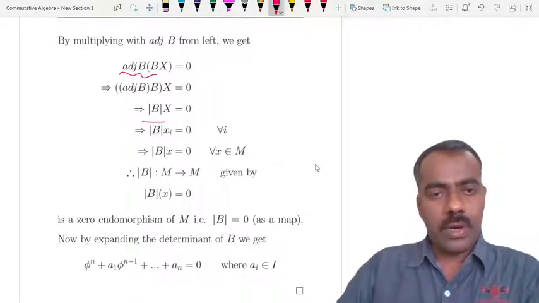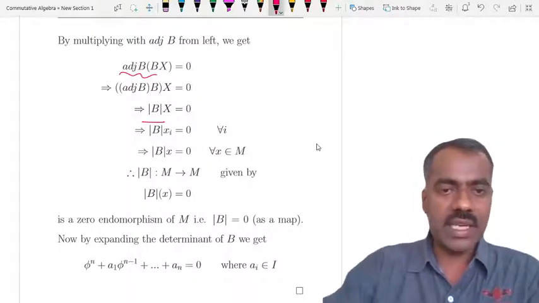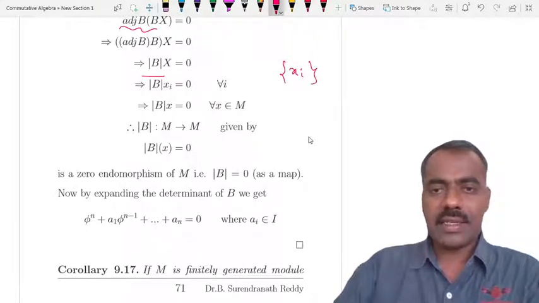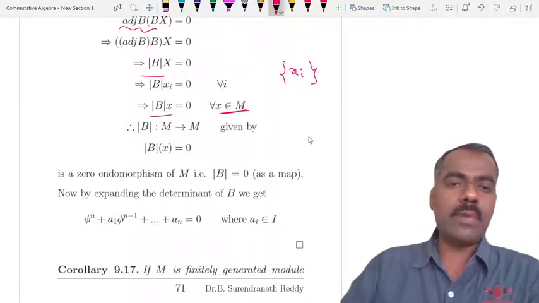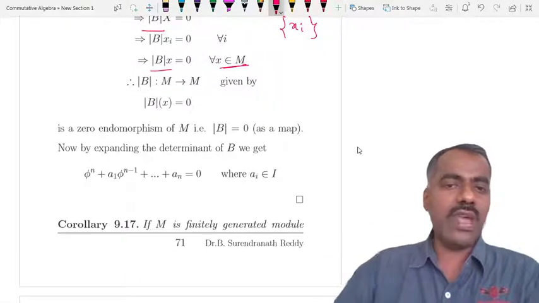So det(B) times x is 0, that means for all i, det(B) times xi is 0. But the xi's are nothing but the generating set. So for any element in M, if you apply det(B), it is 0. Therefore det(B) from M to M, given by x going to det(B) of x, is 0, so it is a zero endomorphism of M.